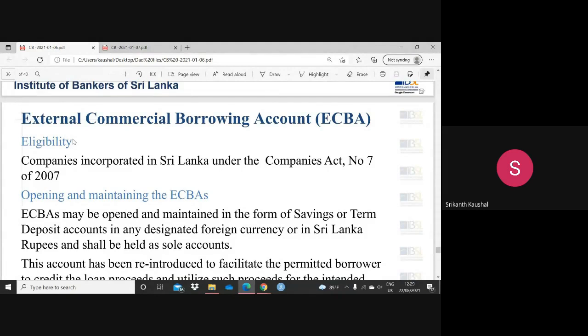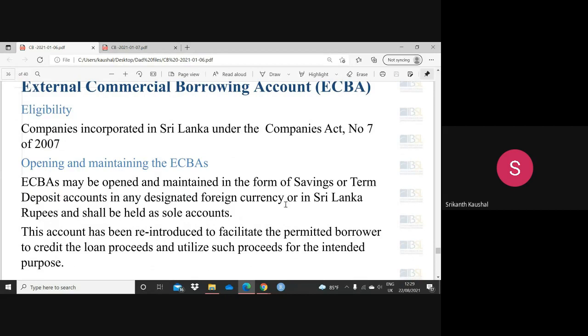So if you get a question, what is ECBA? It is the external commercial borrowing account. This account could be opened by companies incorporated in Sri Lanka to borrow from overseas. ECBA may be opened and maintained in the form of savings or term deposit in any designated foreign currency or Sri Lanka rupee, and shall be held as a sole account.